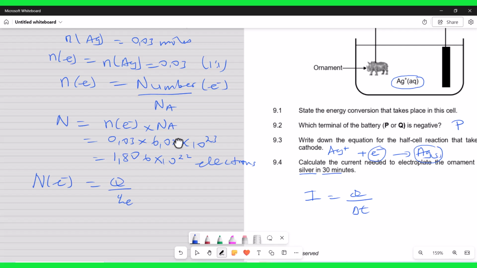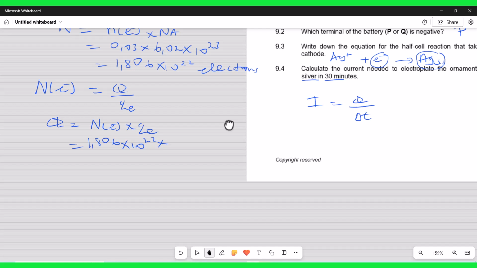So my charge, which I'm looking for, is given by the number of electrons multiplied by the electronic charge. Here we have 1,806 times 10 to the power 22. What about the electronic charge? We know it is 1,6 times 10 to the power negative 19.